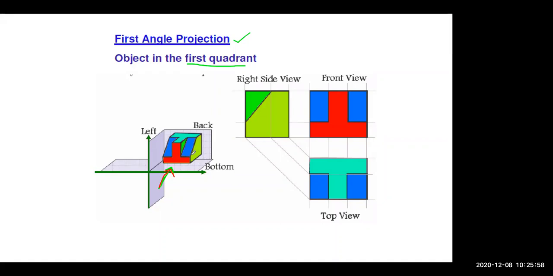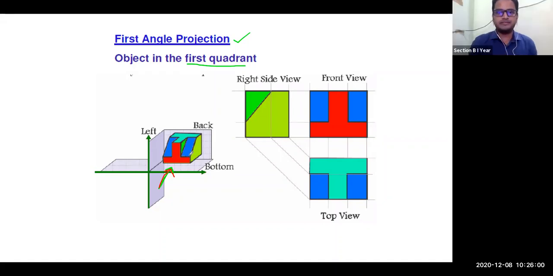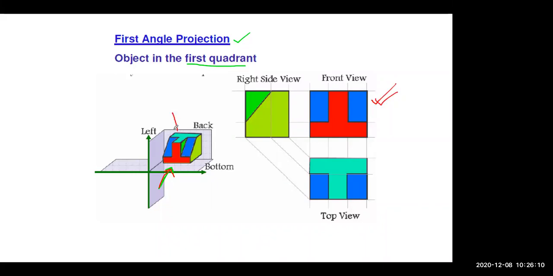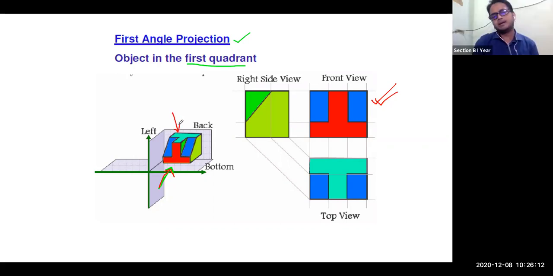There is one difference between this red face and this blue face in this projection. This is your front view, no? Here it is shown, and this is your isometric view. So what I am saying is that there is one difference between this red face and this blue face. Can you tell me that?